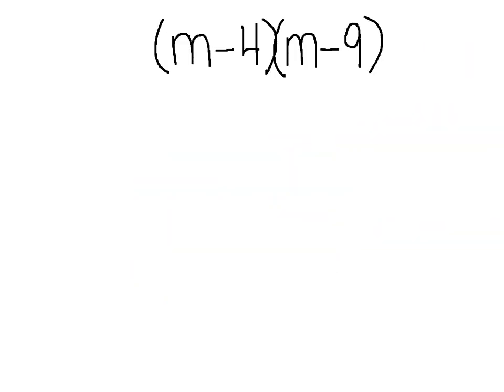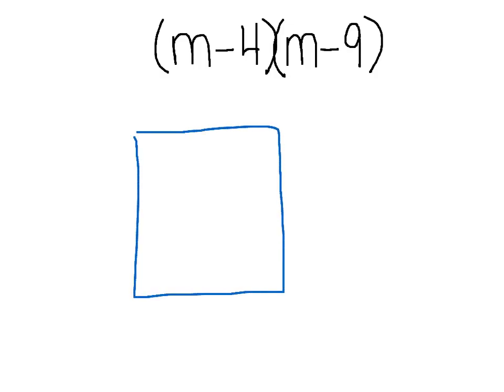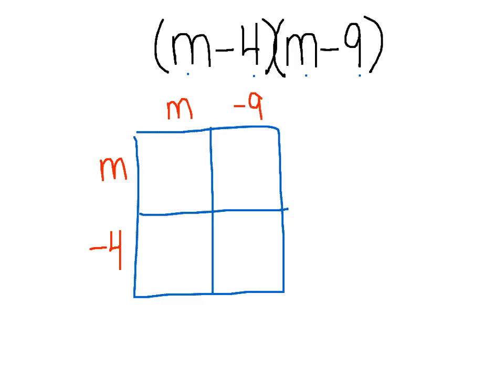So looking at another example, we have m minus 4, m minus 9. So I'm going to draw my box. I know that again I'm going to have 2 rows because I have 2 terms, and 2 columns because I have 2 terms. And I'm going to label them m negative 4 and m negative 9.